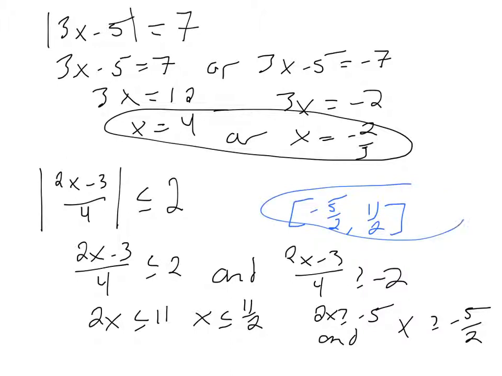Yep. And the interval notation version is a lot easier to graph on the number line, right? It's a lot quicker to graph, because you have to look at the x is less than or equal to 11/2 and the x is greater than or equal to negative 5/2 and realize that, oh, that just means everything between negative 5/2 and 11/2, right? So that's how we deal with absolute value inequalities and equations.